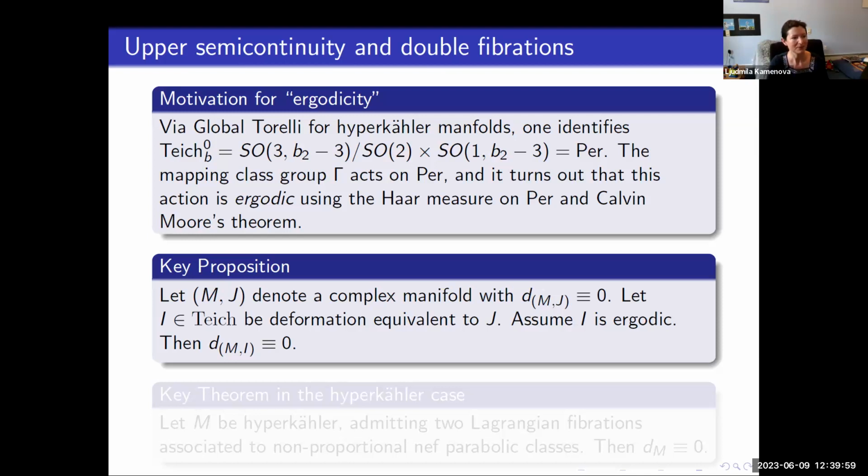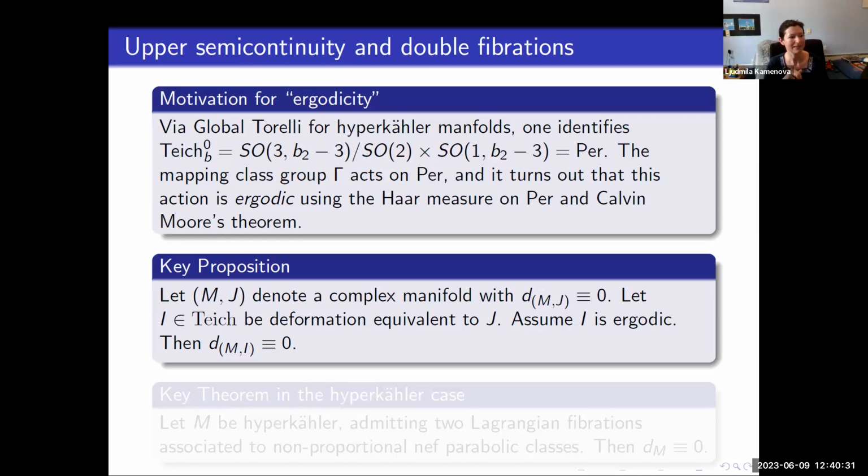If you have an ergodic complex structure, which is a deformation equivalent to this given one, then even for the ergodic complex structure, the Kobayashi pseudo distance would be 0. And the idea behind this proposition is that the diameter of the Kobayashi pseudometric is upper semi-continuous in families.